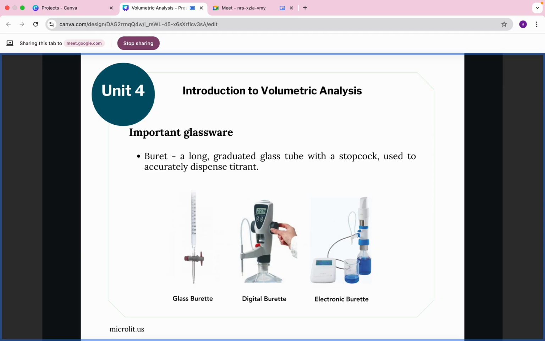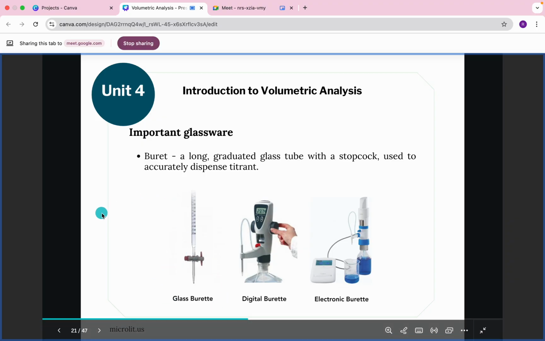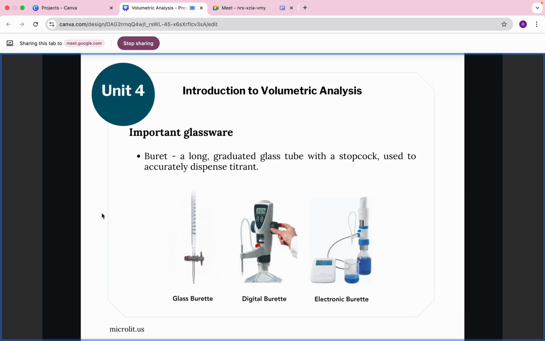Another one of the most important glasswares in titration is your burette, and it depends on you if you want to spell it American English or British English. A burette is crucial for titration because it allows for the precise and accurate dispensing of your titrant drop by drop, and it enables accurate measurement of the volume needed to reach the end point of the reaction.